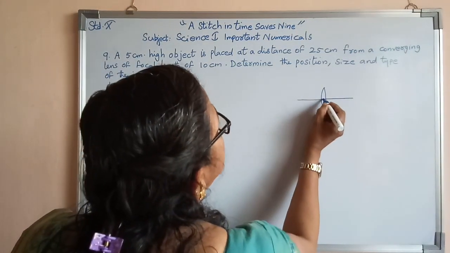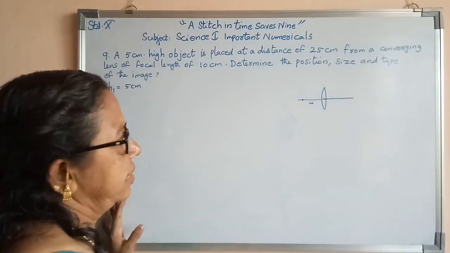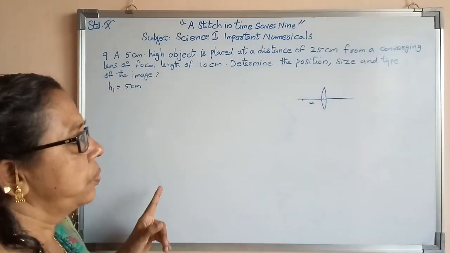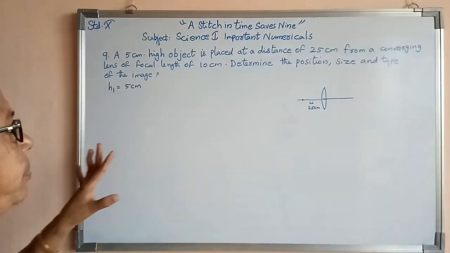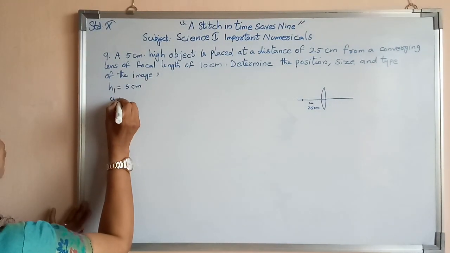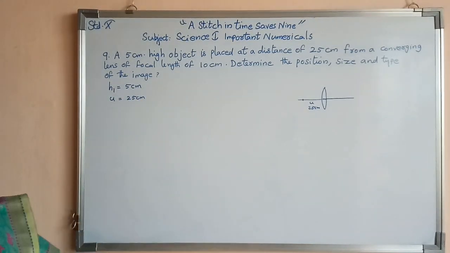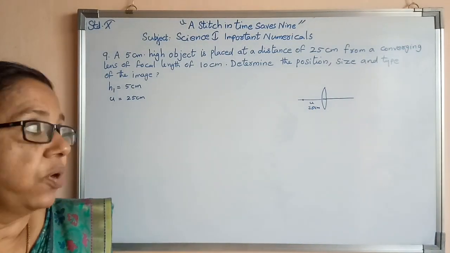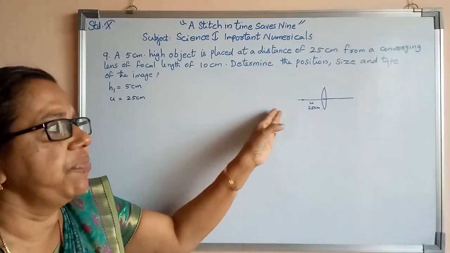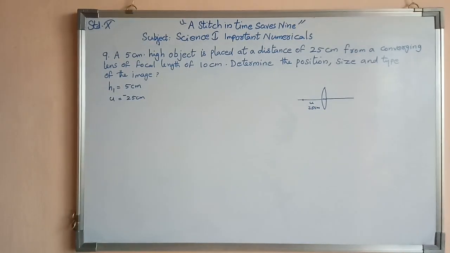So here, from this lens 25 centimeter far, that distance we can write as small u, that is equal to 25 centimeter. One more thing we have to take care of: the object distance always will be negative. Why? Because it is kept at the left hand side of the lens. Because of that u always will be minus or negative.